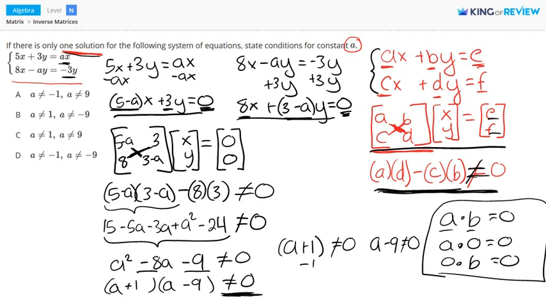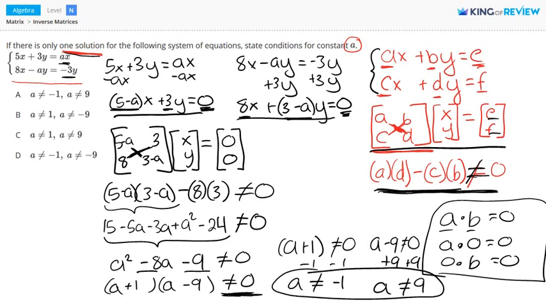So here we're going to subtract a 1 on both sides, so a cannot equal negative 1. And here we're going to add a 9 on both sides. We have a does not equal 9. So a cannot equal negative 1 or 9. Letter A is correct.